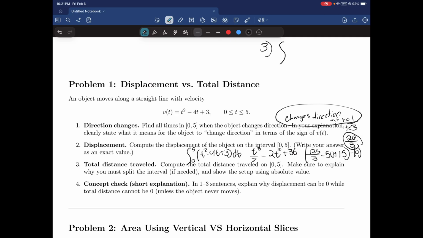I think that's right. Split the interval at 1.